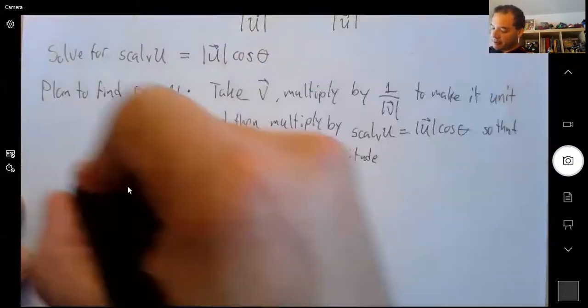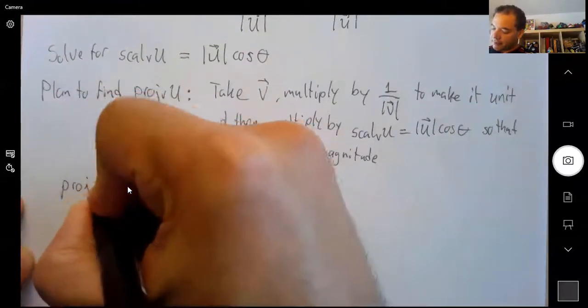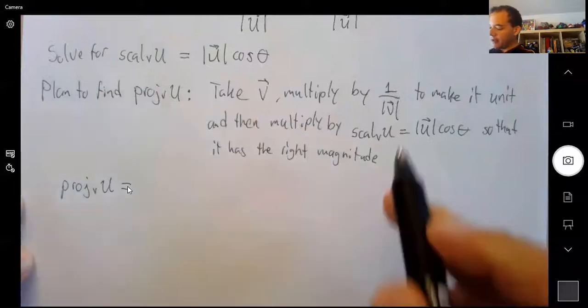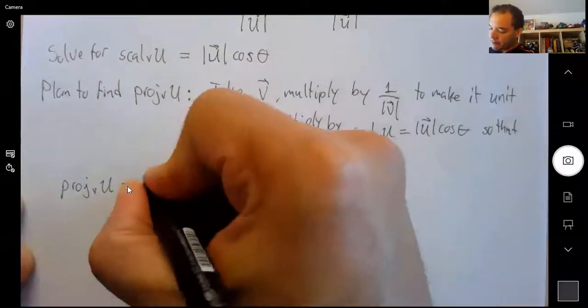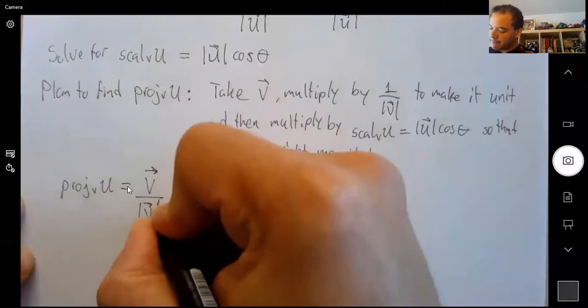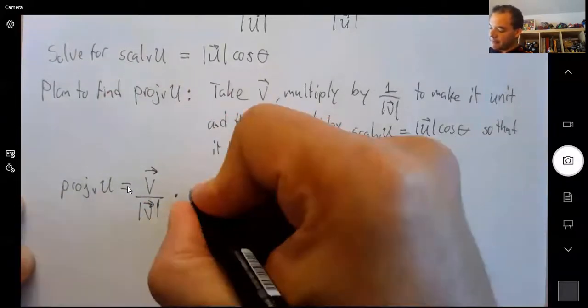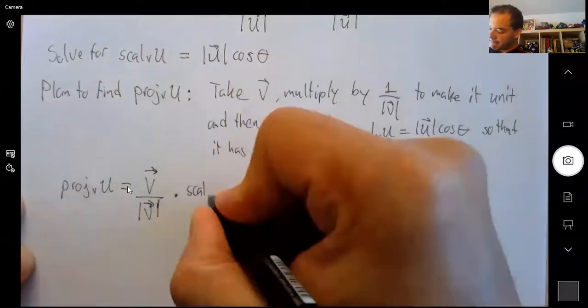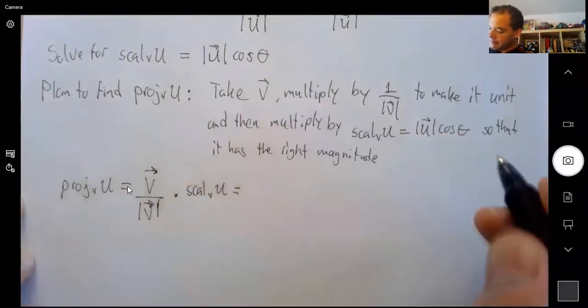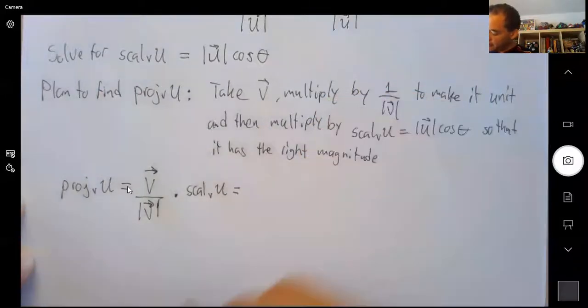So let's see. We're finally able to write it down. So the projection will be: take v and divide by its magnitude, and then multiply by the scalar. But the scalar is the magnitude of u times cosine theta, so this is going to be this.